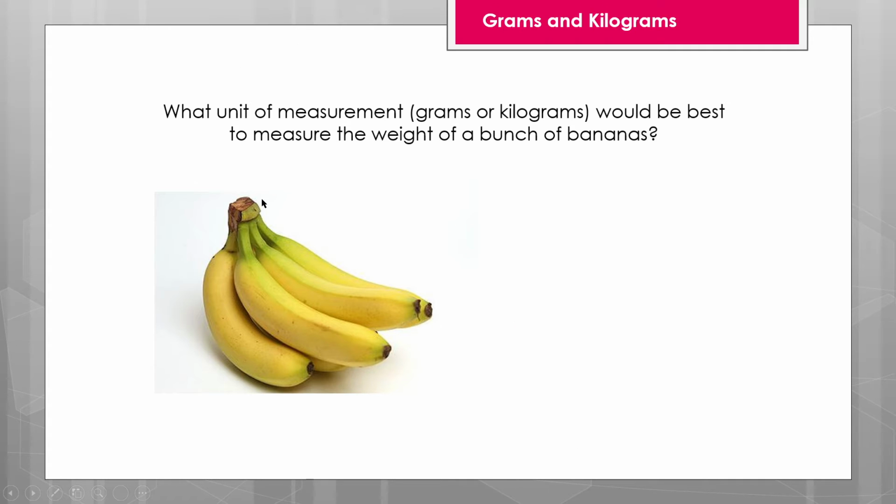Okay, now let's have a question here. What unit of measurement, grams or kilograms, would be best to measure the weight of a bunch of bananas? We would use kilograms because a bunch of bananas would be really heavy.